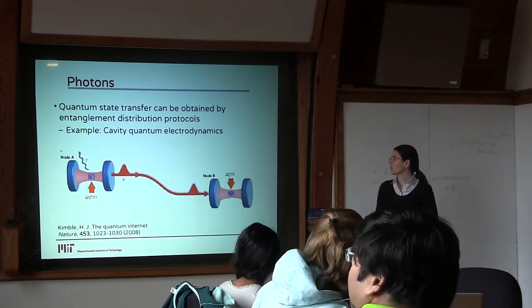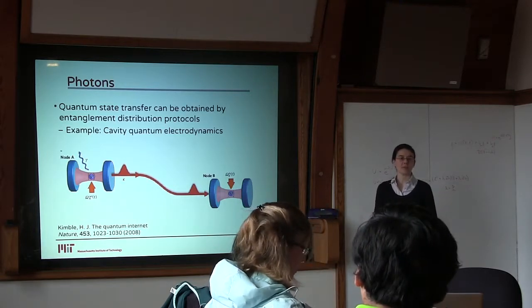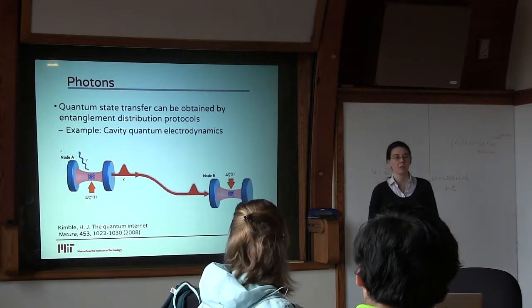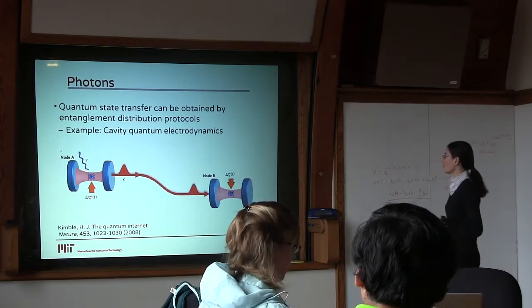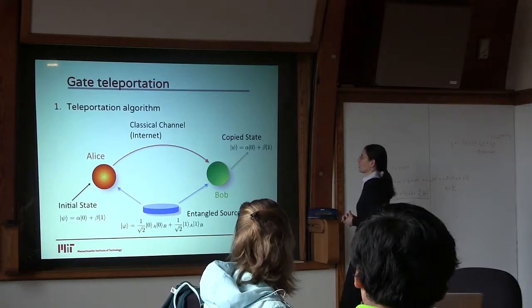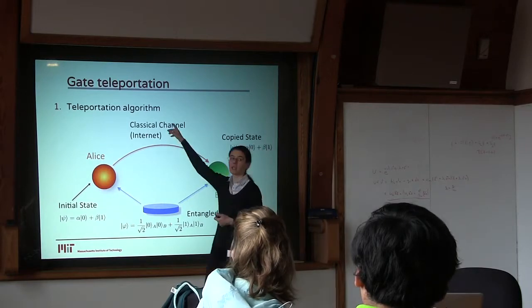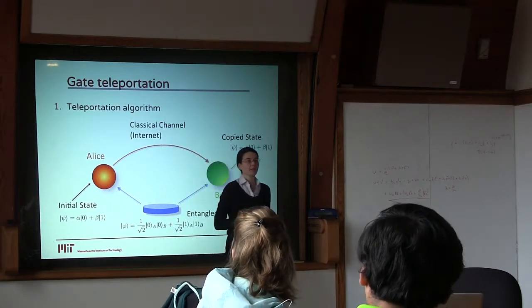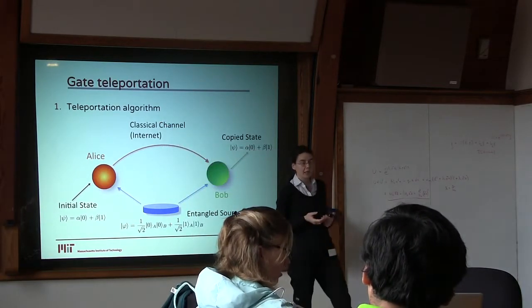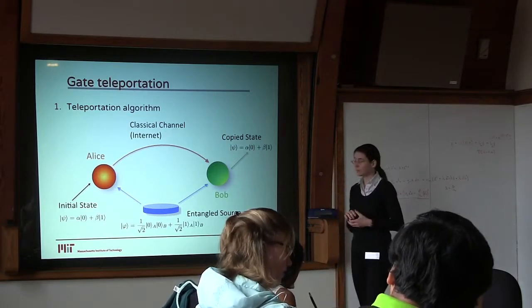And the theoretical protocol which underlies this type of technique is, of course, just teleportation. What you would like to do is not really to implement the teleportation algorithm, but the goal is instead to achieve gate teleportation, which is slightly different. But of course, gate teleportation builds upon the teleportation algorithm itself.